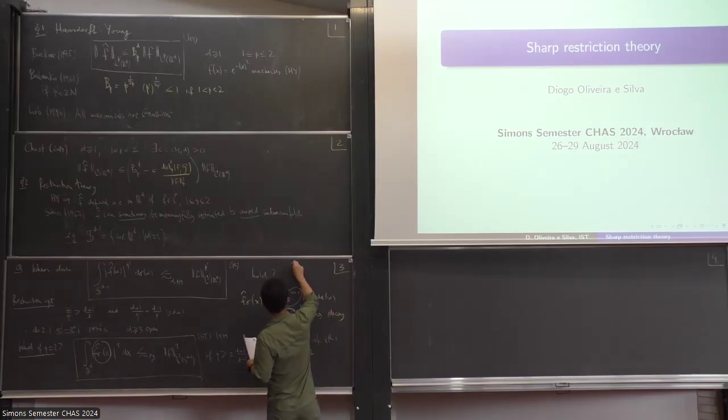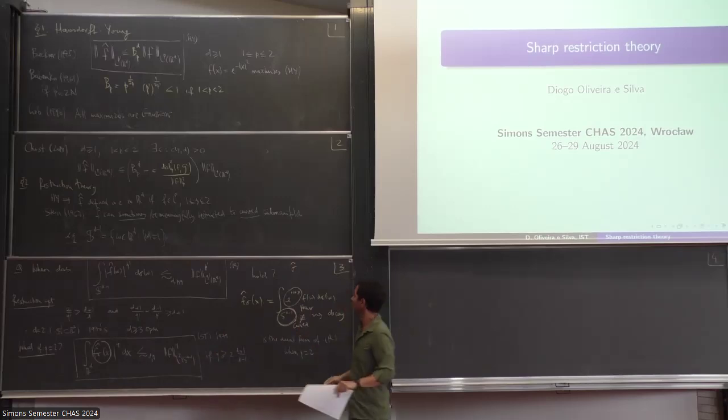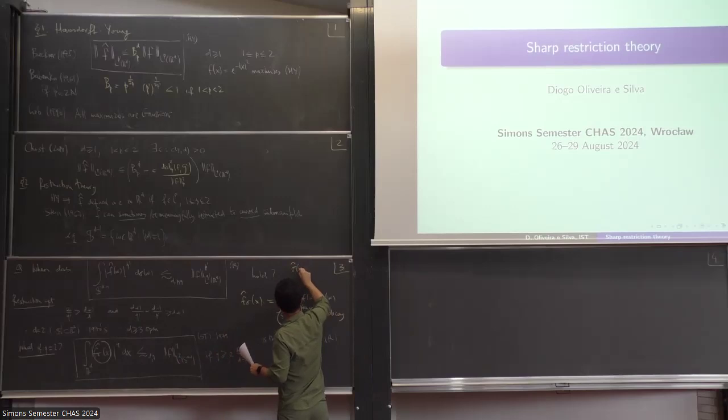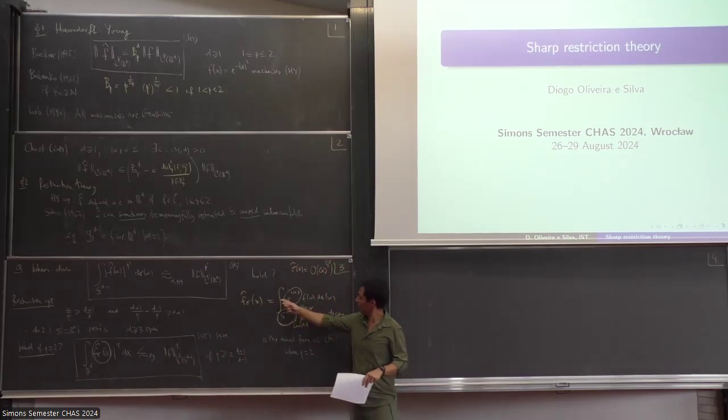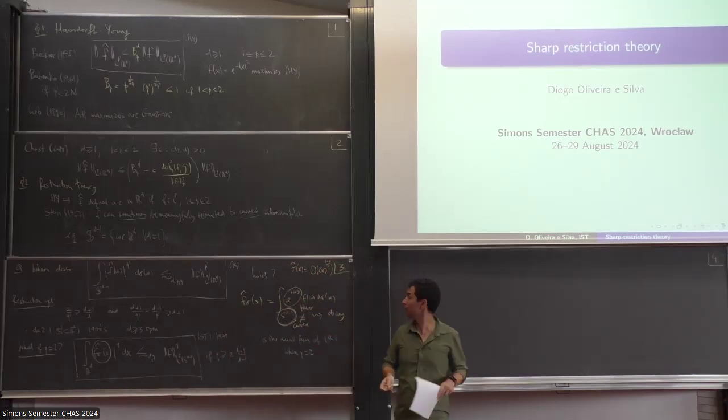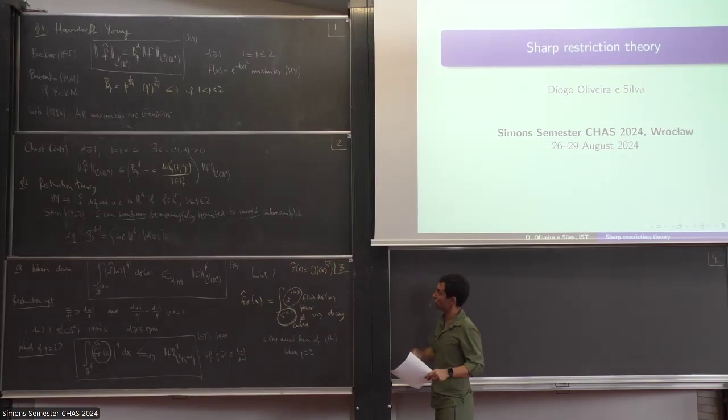One way to see this decay is already at the level of sigma hat. If you take your function f on the sphere to be the constant one, sigma hat is just the Fourier transform of the surface measure, and you can prove in many different ways that it decays like |x| to the power (1-d)/2. You can look at this as an oscillatory integral and just use stationary phase.